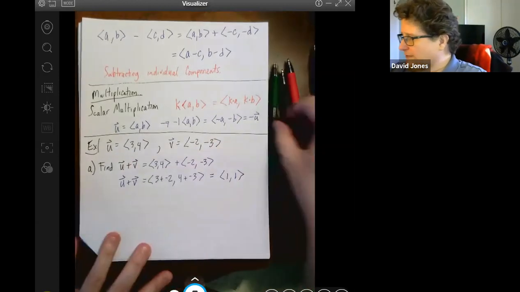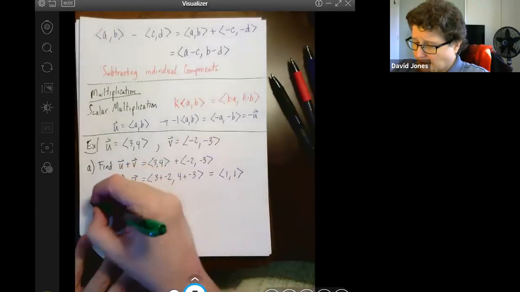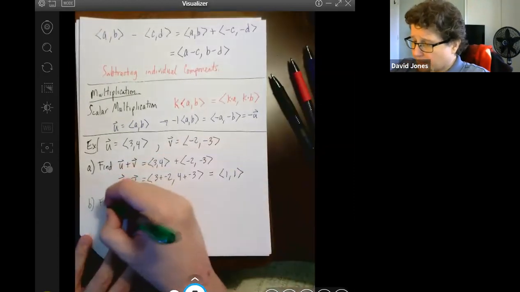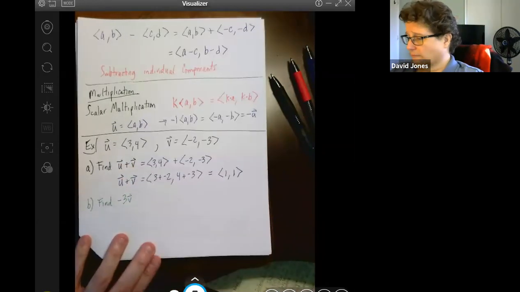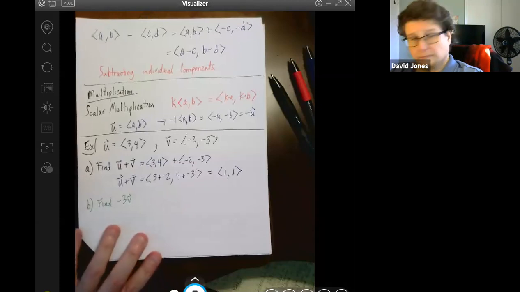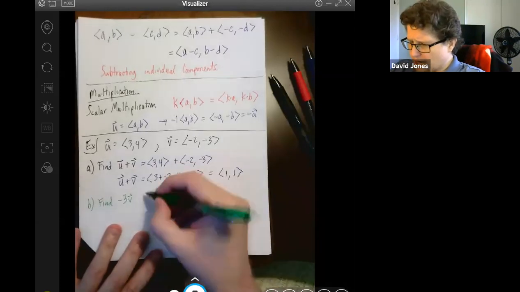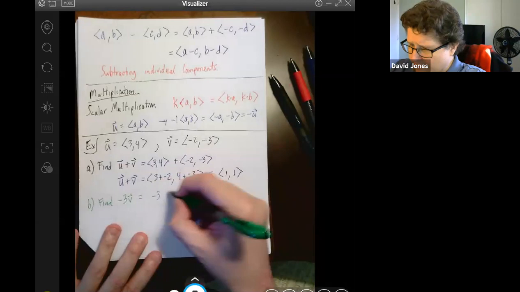We can try something different. Let's find -3v. So we'll take v and multiply it by -3.